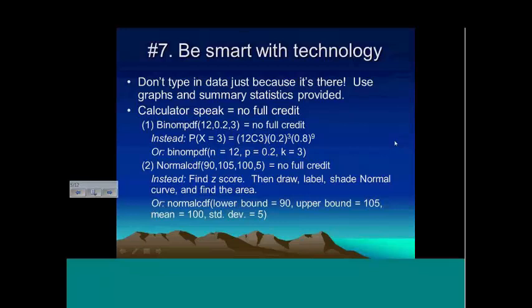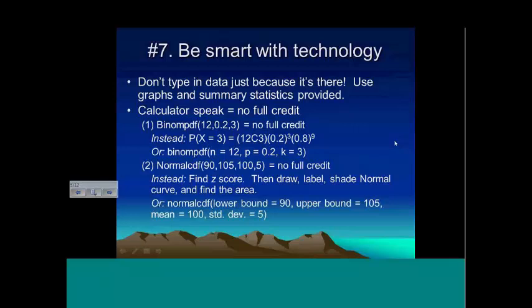The same thing would be true with number 2, the example with normalCDF. My students love using normalCDF, especially when they're going between two boundaries like this example. It saves a lot of time. But if they just put normalCDF 90, 105, 100, 5, that will not result in full credit, even if they get the answer correct, because again, it's not good communication.